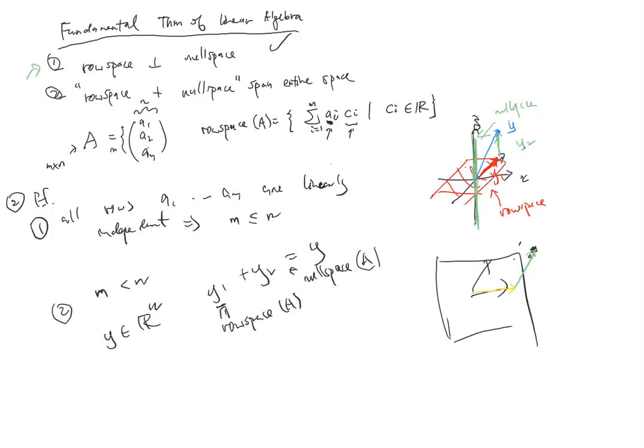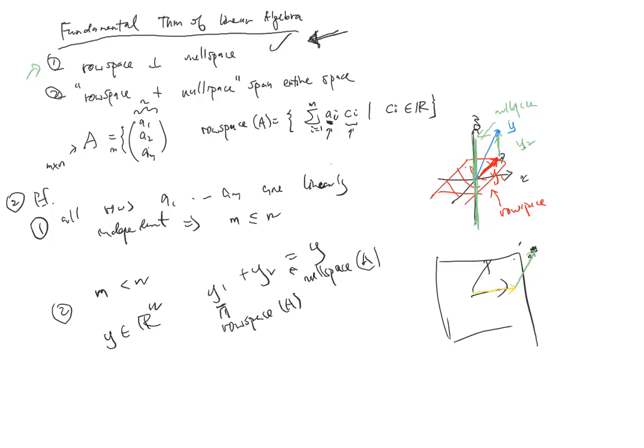Oh, by the way, maybe some of you may ask why I need to show this. Isn't the first part sufficient? Note that if I only show that the row space and null space are perpendicular to one another, they may not cover the entire space.